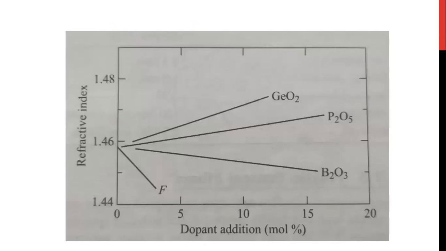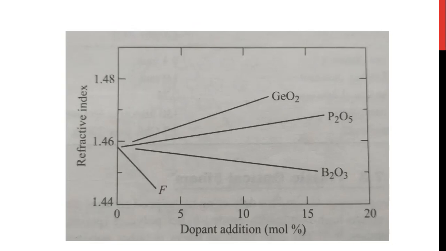So in the case of glass fibers, just before I had discussed that we are using GeO2 and P2O5 for increasing the refractive index. This we will be choosing based on the graph shown. As you can see in the graph, the x-axis is dopant percentage and y-axis is refractive index.